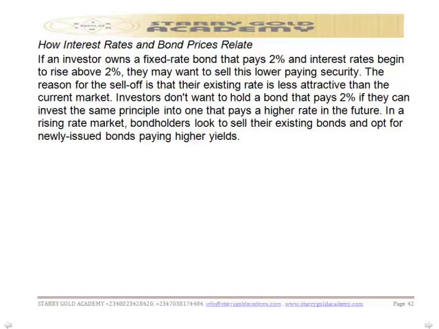So investors don't want to hold a bond that pays 2% if they can invest the same principal into one that pays a higher rate. So in a rising rate market, bondholders look to sell their existing bond and opt for newly issued bonds paying higher yield.